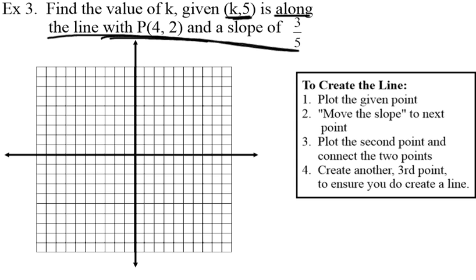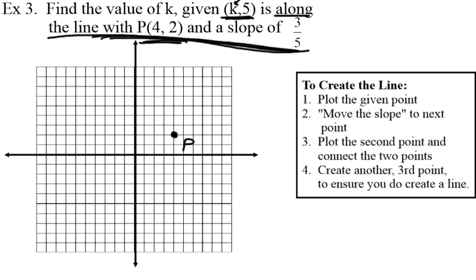So if I put this information on the graph, I should end up with a point somewhere on the x-axis, because I don't know what it is, but it's going to be 5 up. So how do we do this? Let's start with 4, 2. 1, 2, 3, 4, 2. There's my P.